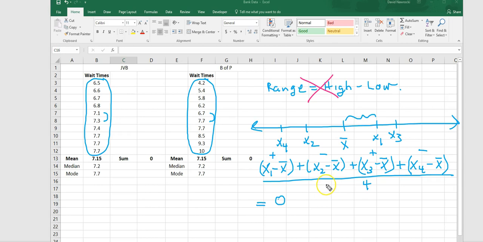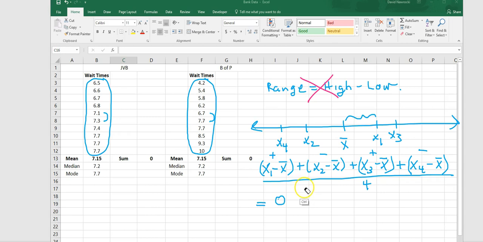So what are we going to do? Well, you might say, if this is negative, why don't we take the absolute value of all these numbers? Then we won't get cancellation. Well, that's a valid attempt.